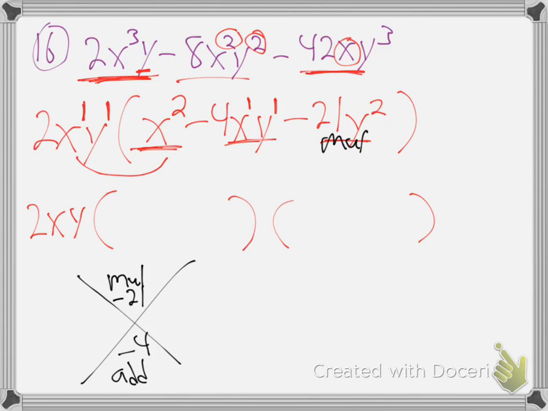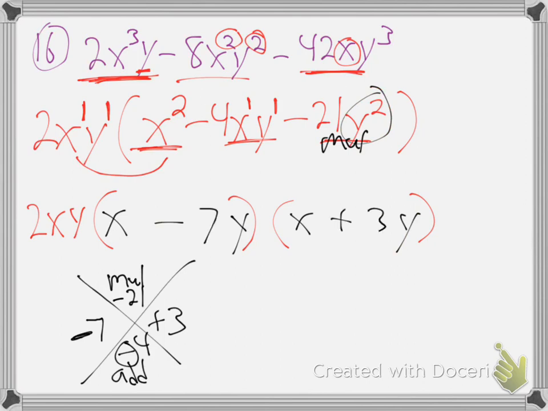So what's 21? 7 times 3 makes 21, right? And now where do the signs come from? What tells us the signs? The bottom. So the bottom goes in the bigger one. Minus 7 plus 3 makes minus 4. They multiply to be negative 21. So there it is. X is in the front, y is in the back because we have y squared in the back. And so that's going to be minus 7 plus 3.